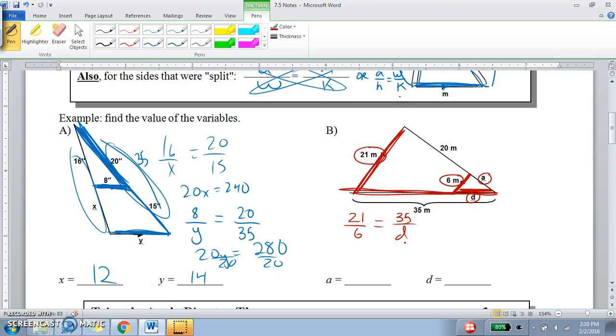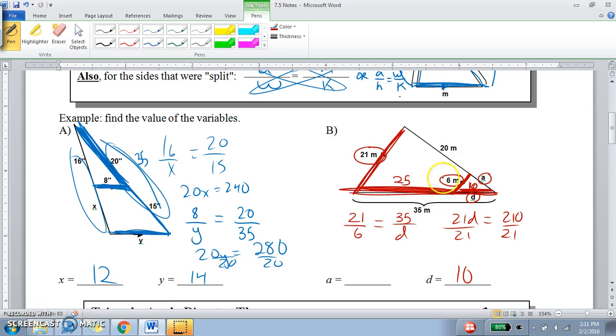If I cross multiply this, let's see, we would get 21D equals 210, and then when I divide, we get that D equals 10. So if D is 10, now we can figure out what this other piece is, this other piece of this entire side. If the whole thing is 35, 35 minus the 10 that I now have is 25.